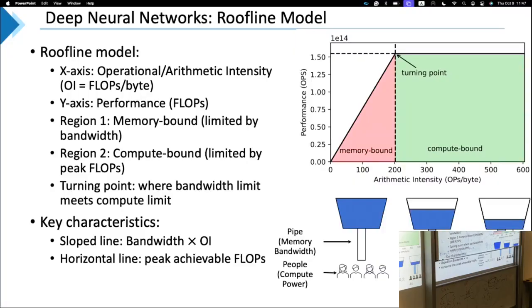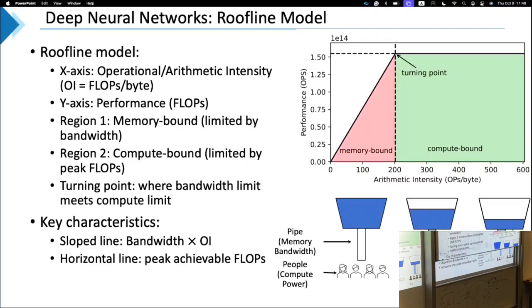Let's say you have 2 pipes together, so you increase your memory bandwidth. However, you only use half of your pipe because you don't have enough people to drink your water. So you are not fully utilizing this pipe, and you are not fully utilizing this memory bandwidth.